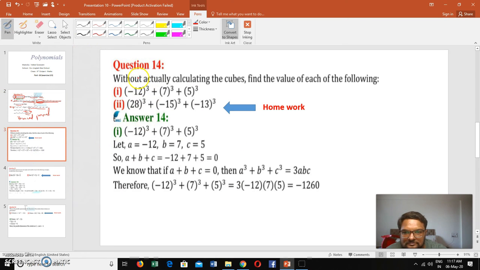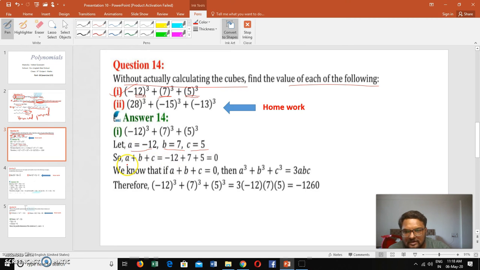Again, without actually calculating the cubes, find the value of each of the following. Here is the question: minus 12 cube plus 7 cube plus 5 cube. This is the value of x, this is the value of y, and this is the value of z, or we can say this is the value of a, this is b, and this is c.